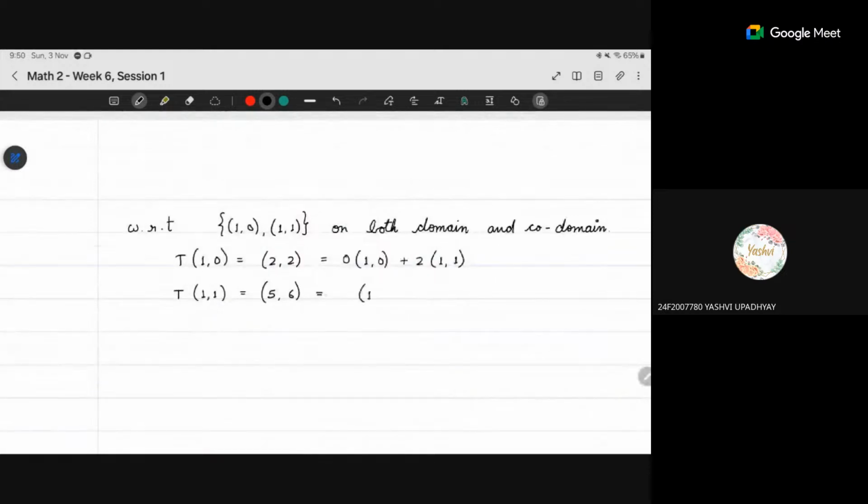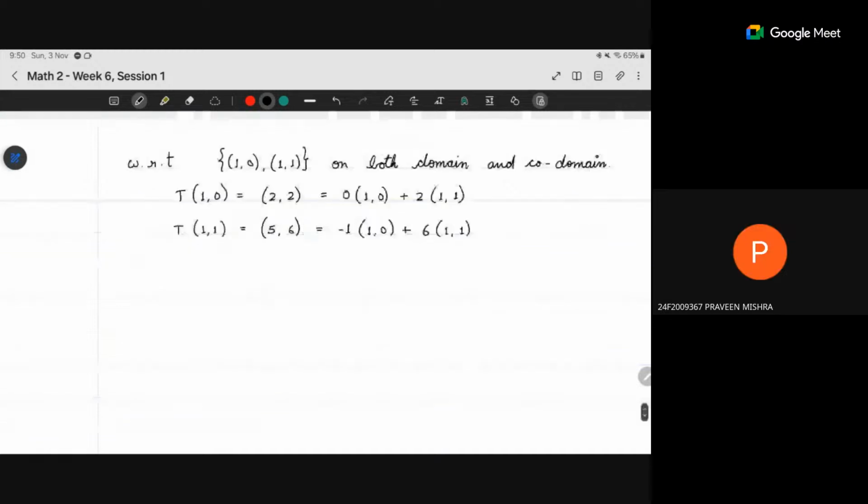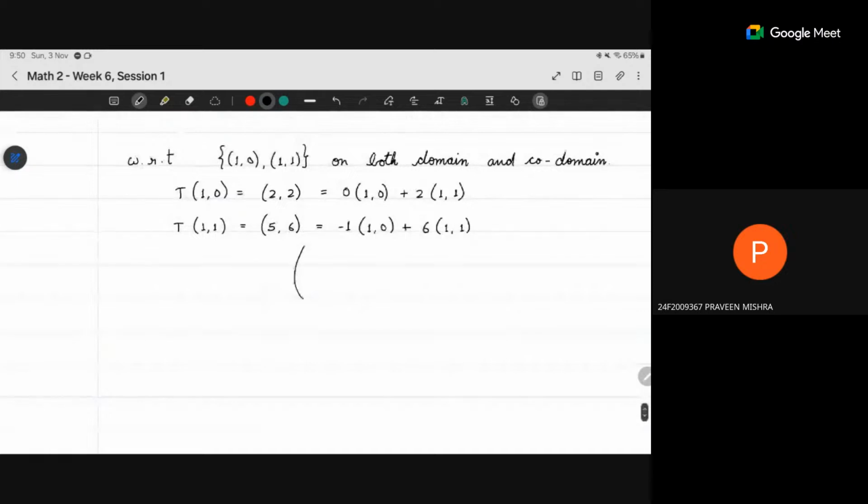So how would I write it as a combination of 1, 0 and 1, 1? This has to be 6 because that is the only contribution that I'm getting. But then I'll get 6 in the first coordinate, so I'll have to put a minus 1. Correct? So the matrix representation with respect to this basis is 0, 2, minus 1, 6.